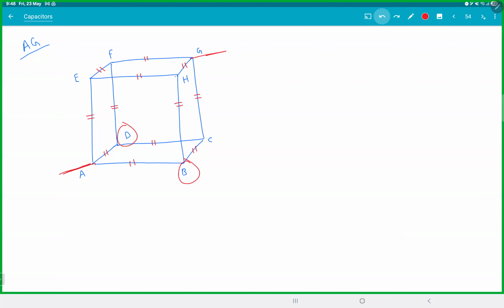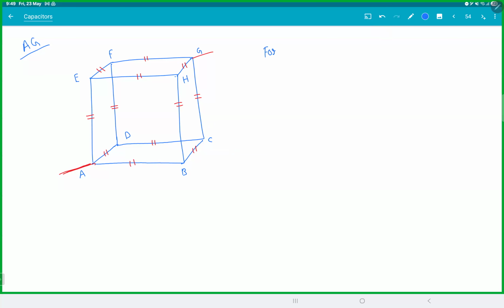Getting it? This happens with a cube. So that's your argument. And similarly, C, H, and F are identical when you come from the backside. Is that making sense? So for point G, C, H, F are identical.